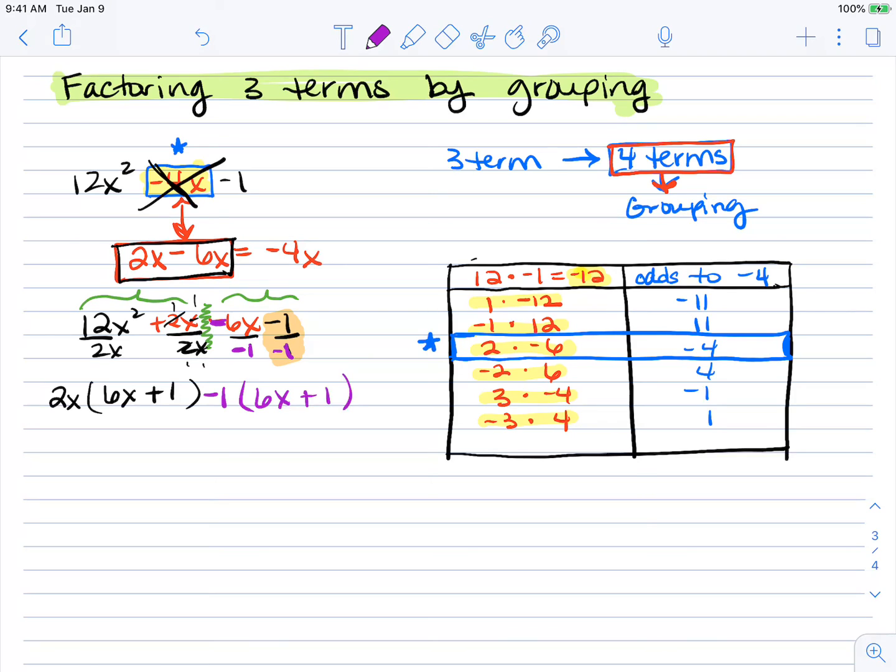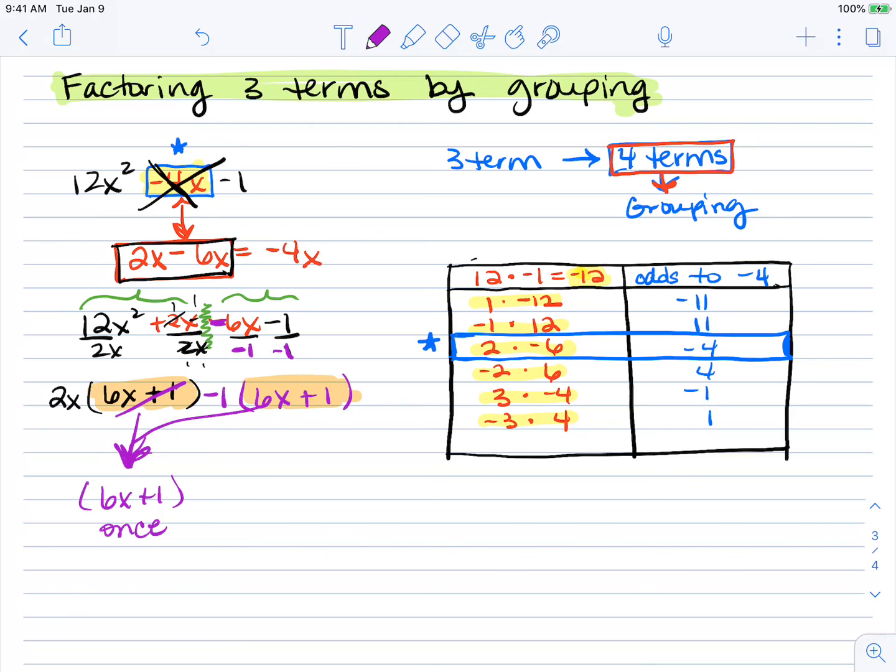Almost done. Now what I want to do is pull out the greatest common group. The greatest common group is this 6x plus 1 and this 6x plus 1. So I'm pulling it out. But when I pull it out, I'm only taking it out once, because it's the same factor in both those terms.